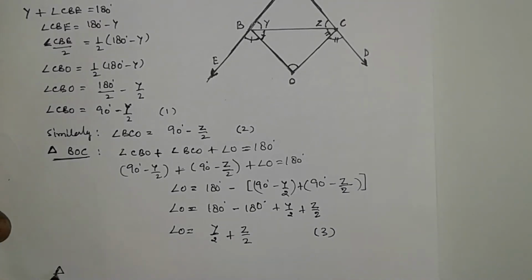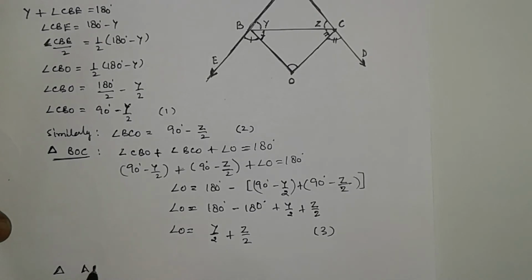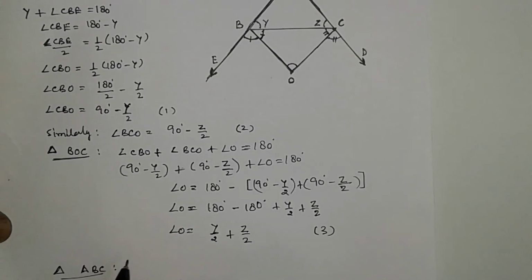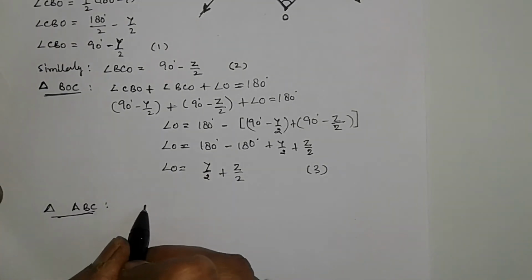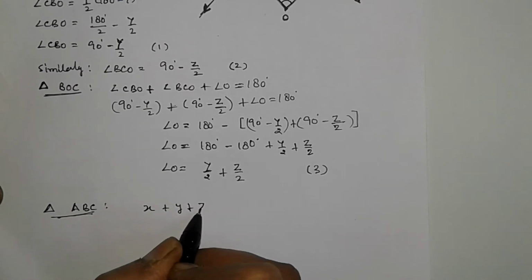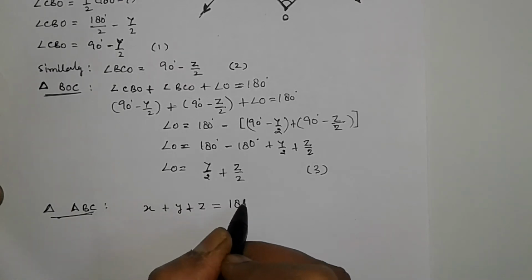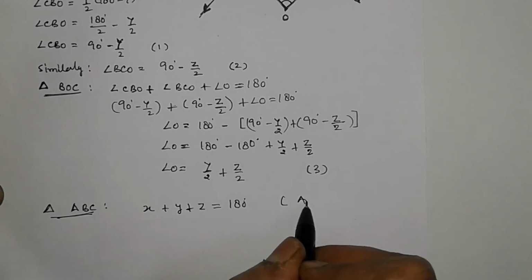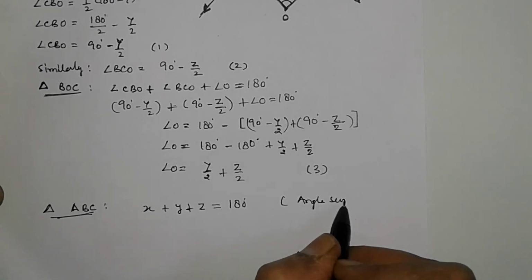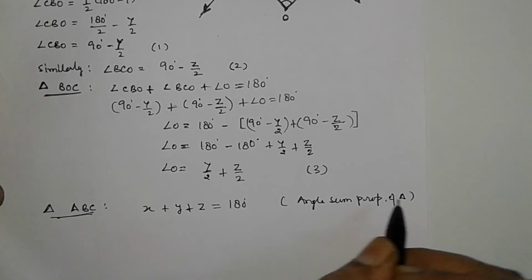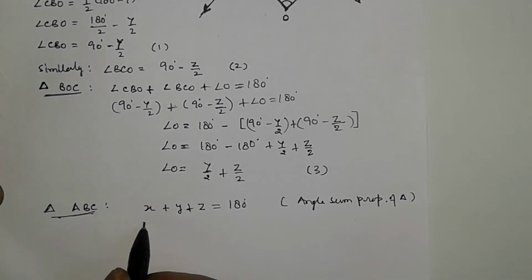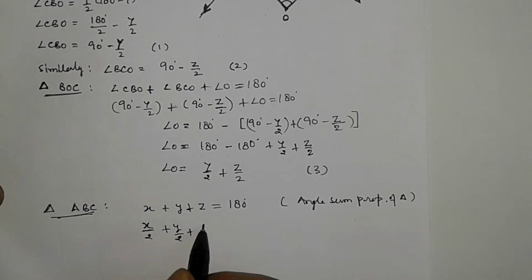Now take triangle ABC. In triangle ABC, x plus y plus z is equal to 180 degrees by angle sum property of triangle. So x by 2 plus y by 2 plus z by 2 is equal to 180 degrees by 2.